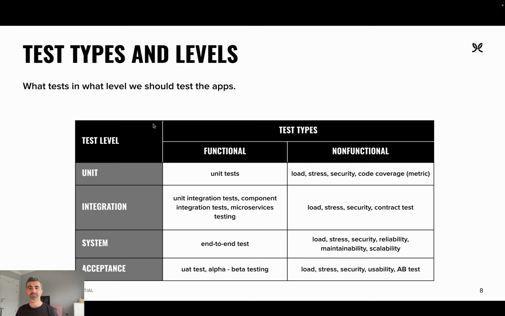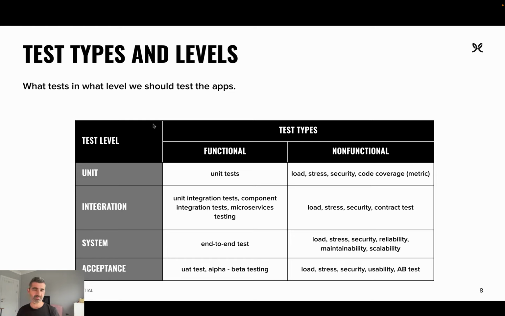Okay, let's talk about test levels and test types. This is a matrix showing the test types and the test levels. You can imagine the test pyramid differently; this is a redefinition of the test pyramid. You can see the different test levels on the left and the different test types.